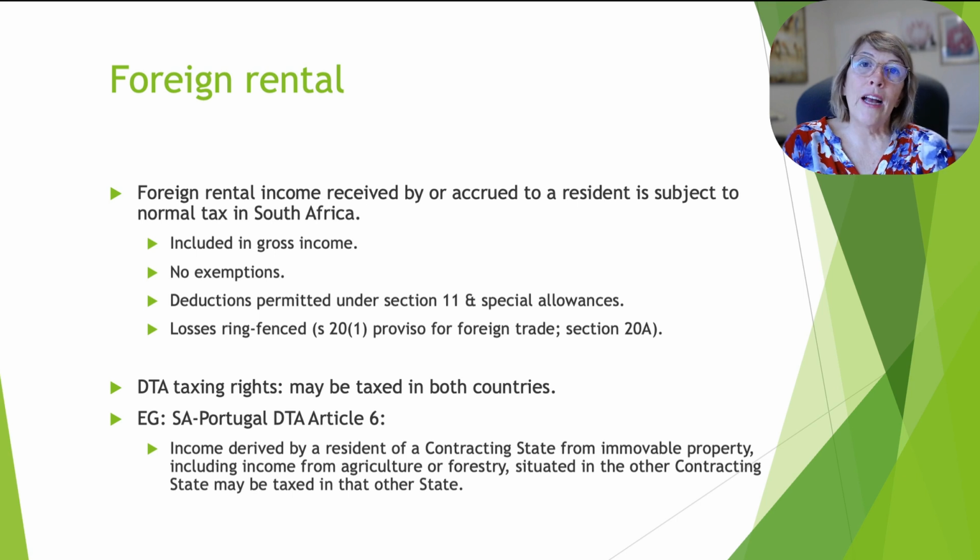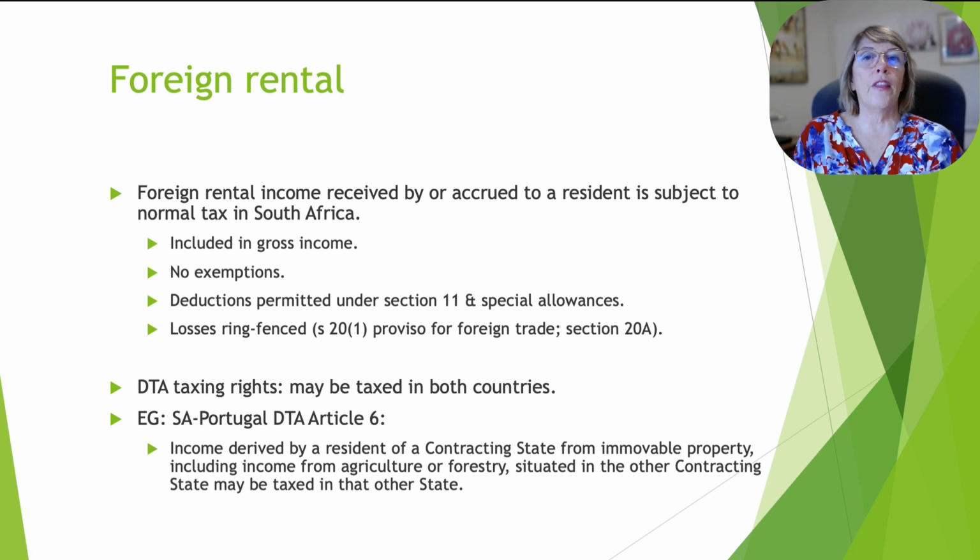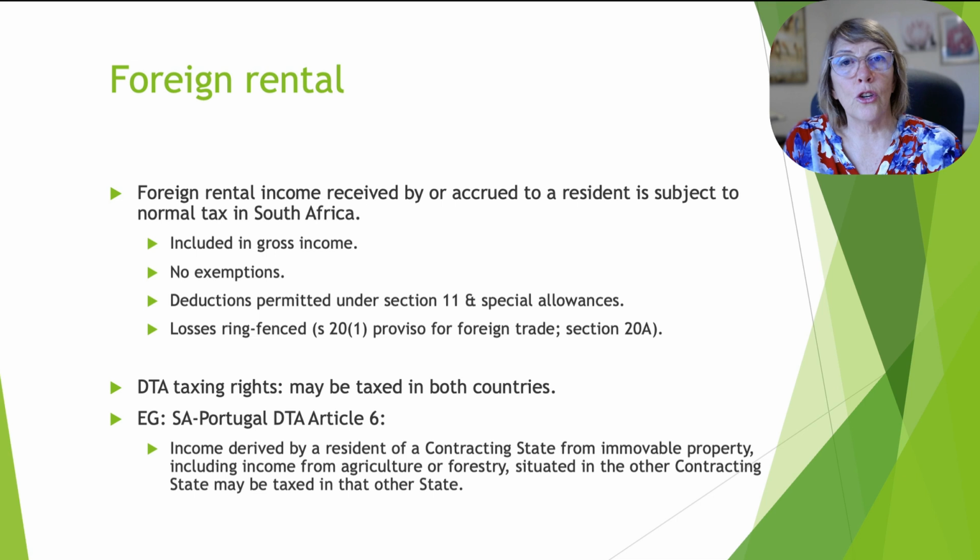You also have to think about if you make a loss from this rental. I mean, maybe you've got a bond, you're paying interest on the bond, and your interest is more than the rental that you are actually getting. So you're actually making a loss on this rental. So what you'd have to do there is the full amount of rental comes into the gross income. You claim your deductions, for example, your bond interest, and then you end up with a loss.